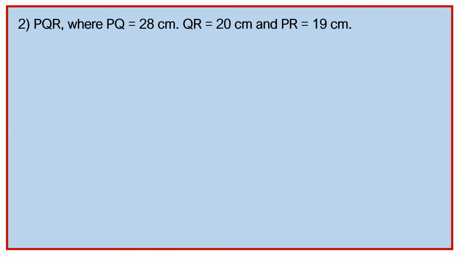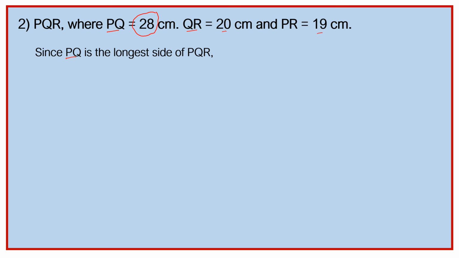Okay? In example 2, we have triangle PQR, where PQ is 28 centimeters, QR is 20 centimeters, and PR is 19 centimeters. According to this, you see that PQ is the longest side because 28 is bigger than 20 and 19. So it means that PQ is the hypotenuse.